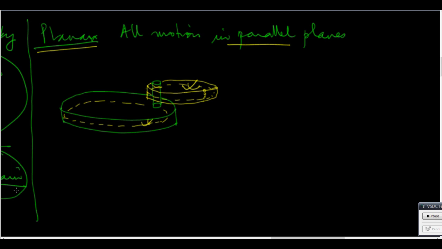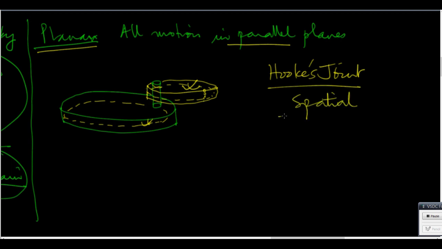There is a very important joint called Hooke's joint, which is spatial. You may have heard of this also as universal joint. So what happens is, if there is one shaft which rotates about some axis, and over here there is some other shaft which rotates about some other axis, how do you connect these? So you can have a semicircle like this with cross of some kind. I guess it will look like that.